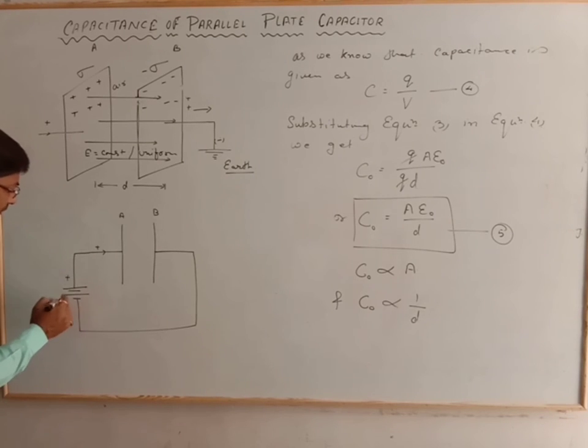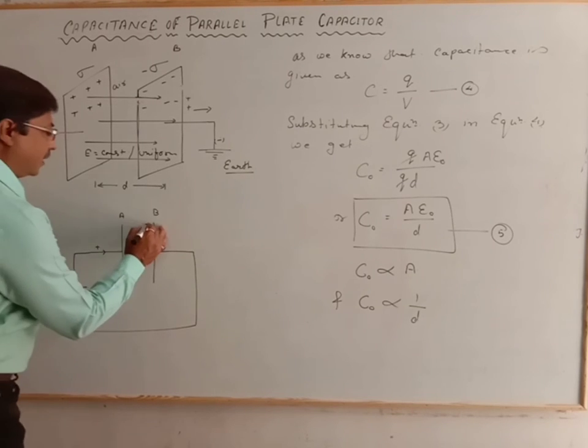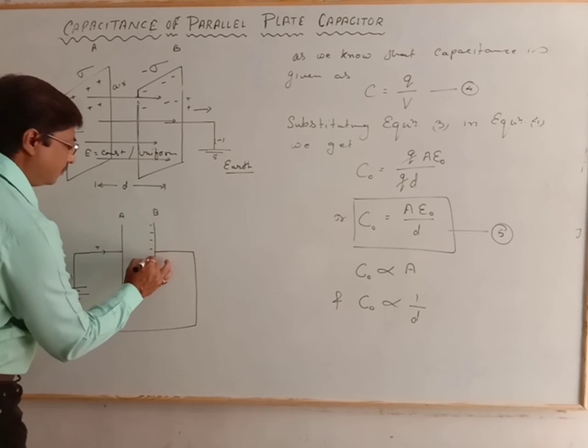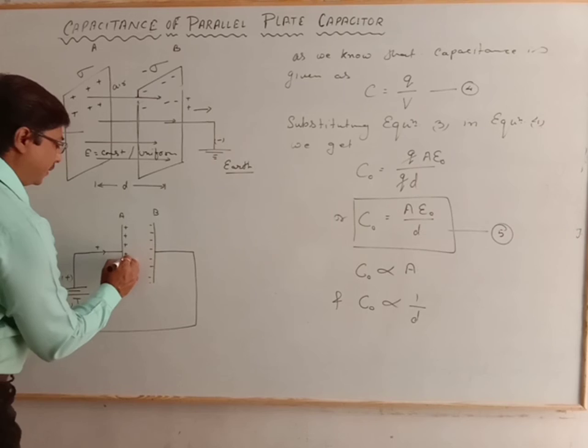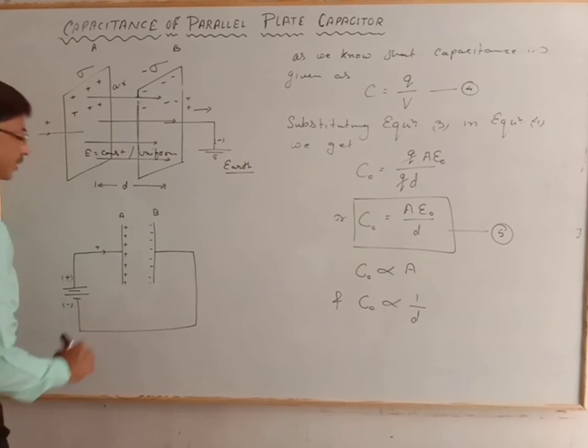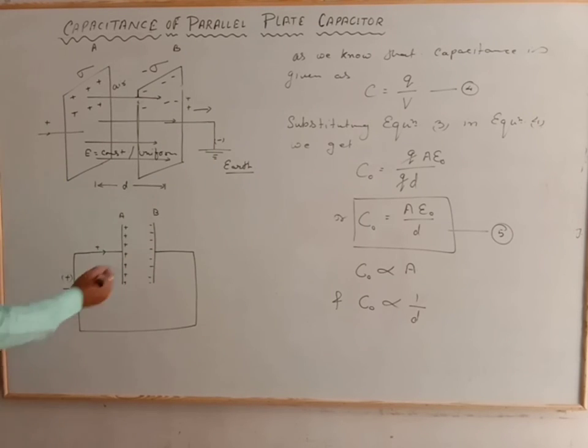Here is the positive, higher potential; here is the negative, lower potential. So plate B becomes the negative one, and plate A stores the charge, the positive.